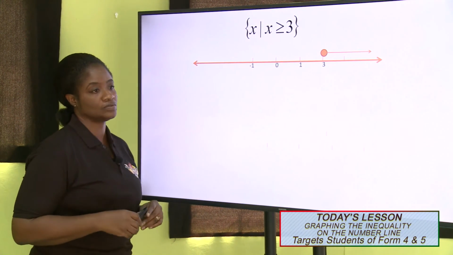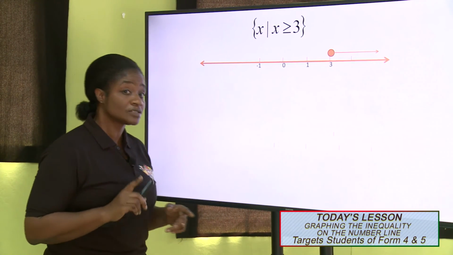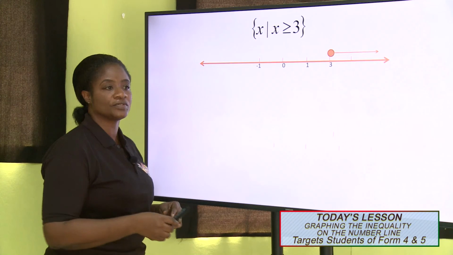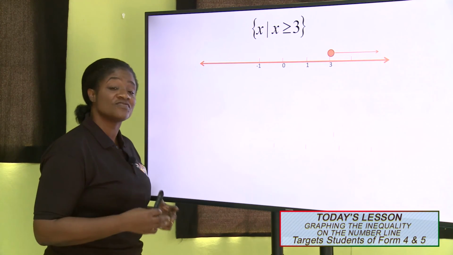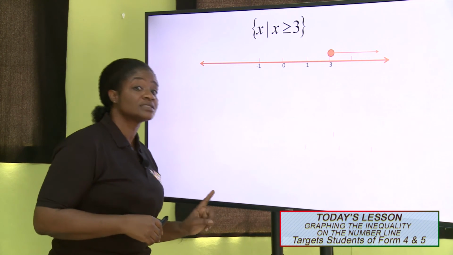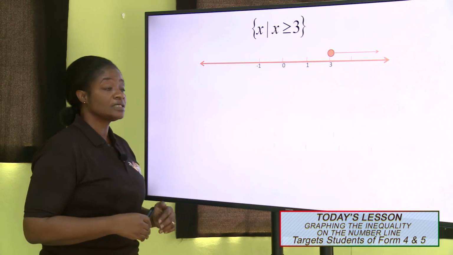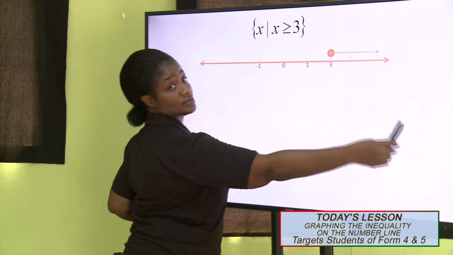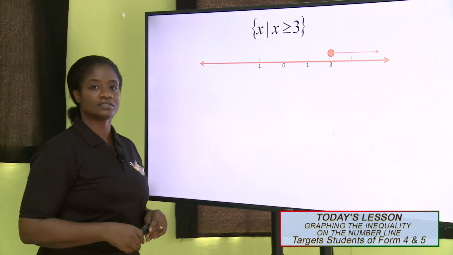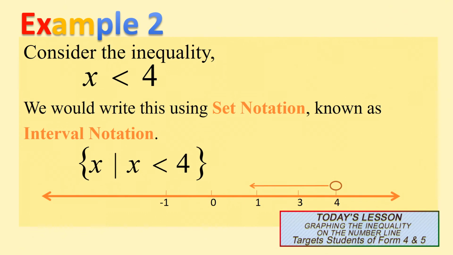Well, I will tell you. Actually, there's no ending. We refer to x greater than 3 as being an infinite set of values for x. It starts at 3 and then it increases to the right with all values that are greater than 3.